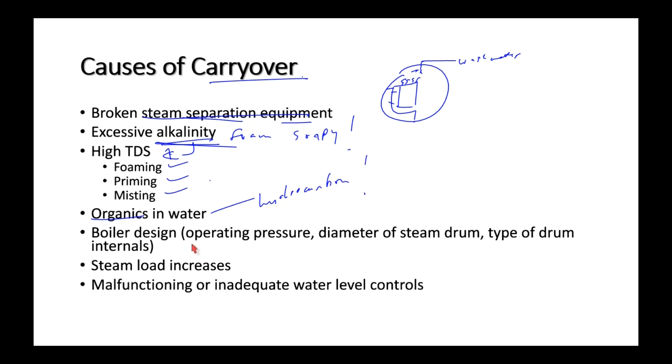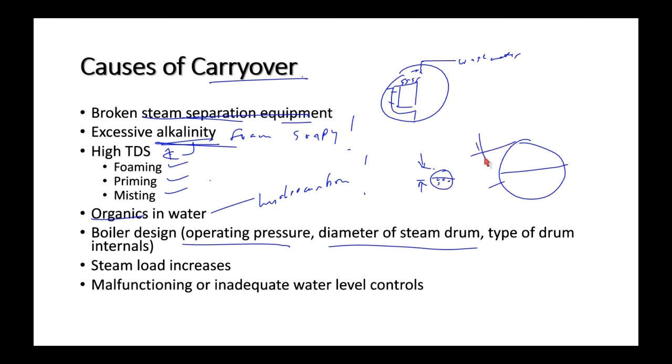Boiler design. A boiler is designed for a particular pressure. It's got a particular steam drum size, so this boiler here's got a very small steam drum. Pardon me, this one's got a much bigger steam drum. This one here's got a very small disengaging space for water particles to leave the surface of the water as it boils. This one here's got a very large disengaging space.